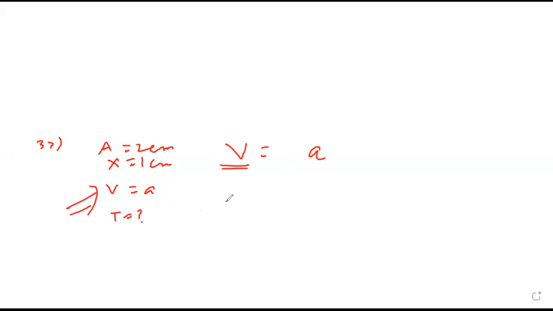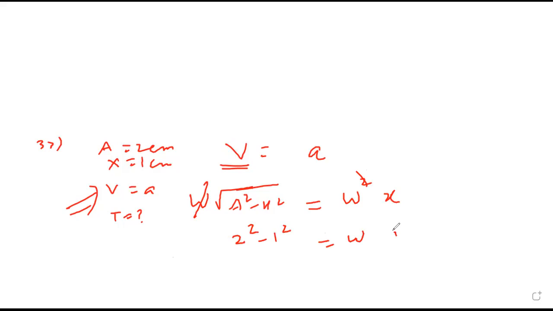In SHM, what is velocity? Omega root a square minus x square. No rocket science. And acceleration is what? Omega square x. So one omega I can cancel. A is 2. X is 1. Root of 4 minus 1 is root 3, equals omega. And omega is 2 pi by time period.